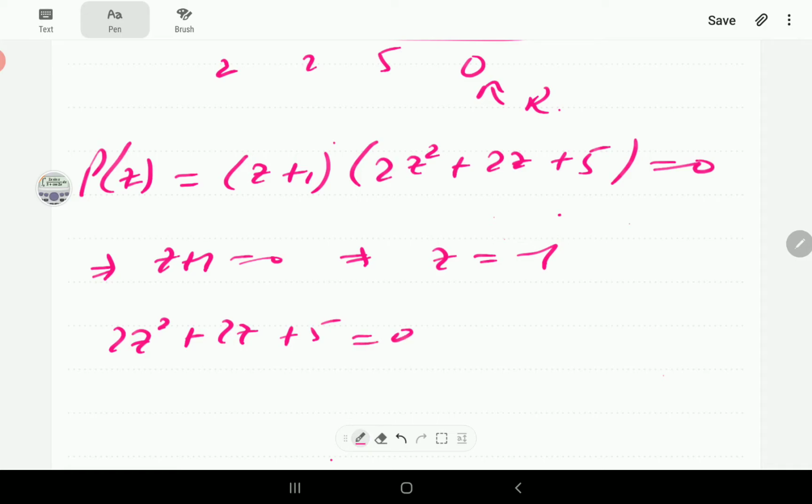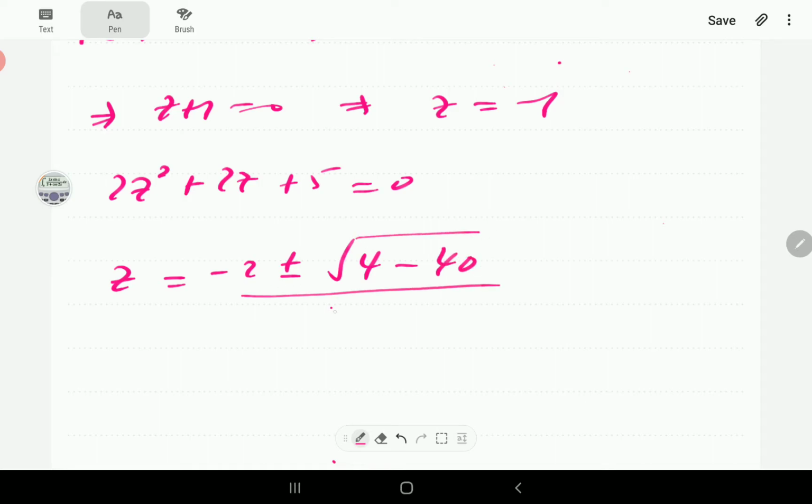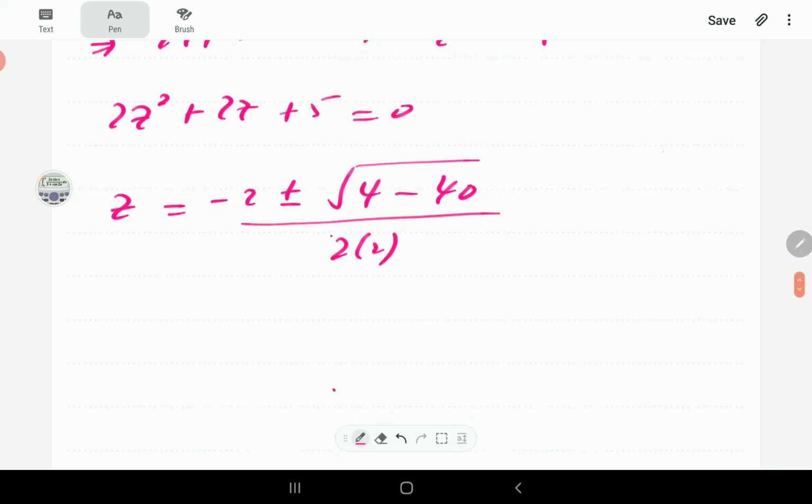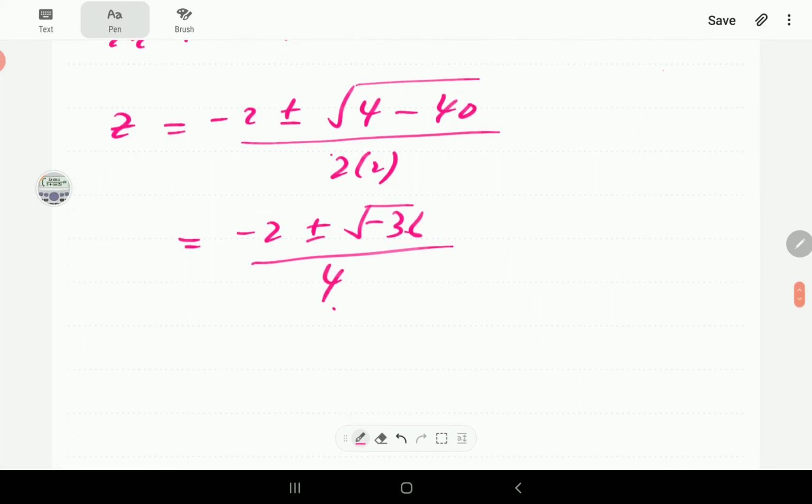Now this one, since it's a quadratic, of course we can solve using the quadratic formula. So we've got negative 2 plus or minus the square root of 2 squared, which is 4, minus 4 times 2 times 5. So 4 times 2 is 8, times 5 is 40. This is negative 2 plus or minus the square root of negative 36, all over 4.